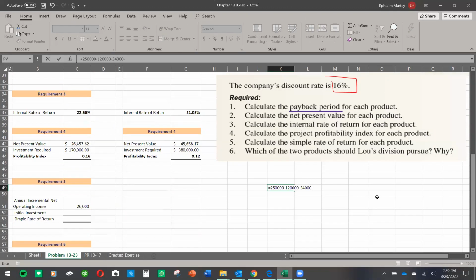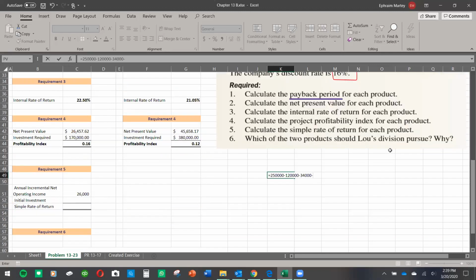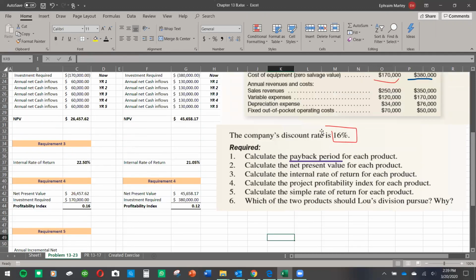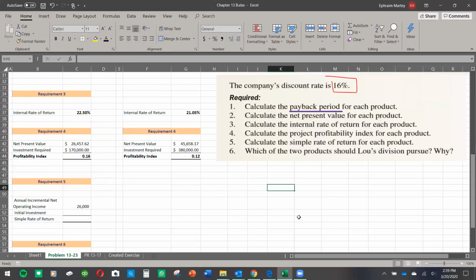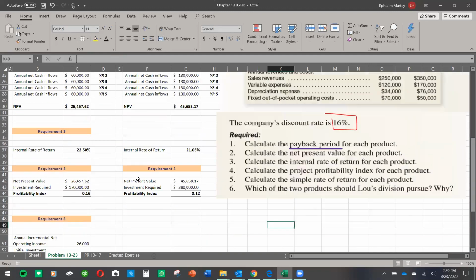Here we are subtracting 34,000 because it's an operating expense. When it comes to net operating income, we subtract all the expenses that are operational, minus another 70,000. That gives us 26,000 that we have here. So you only take the net cash inflow and subtract the depreciation expense, so you don't have to go through this long process.